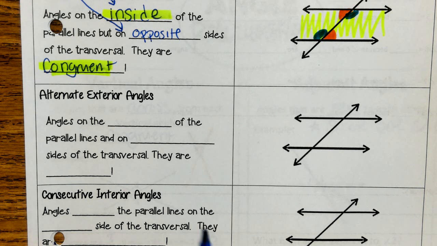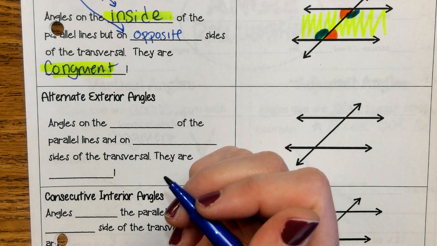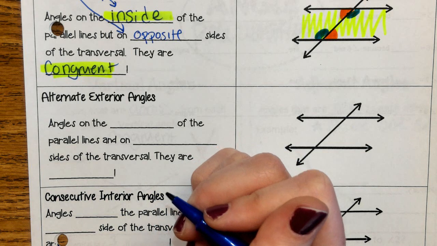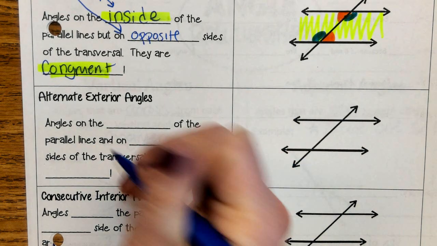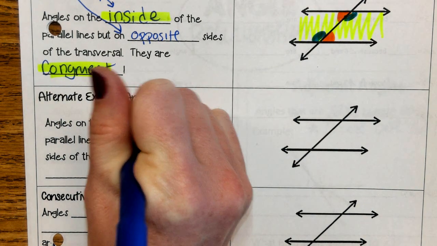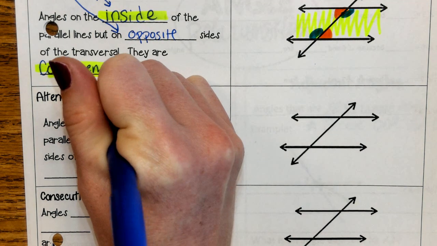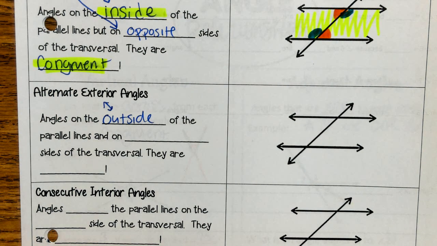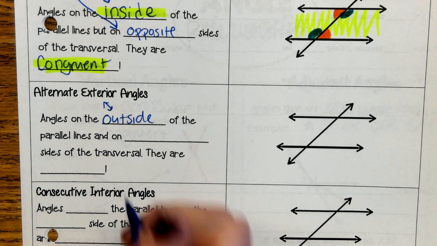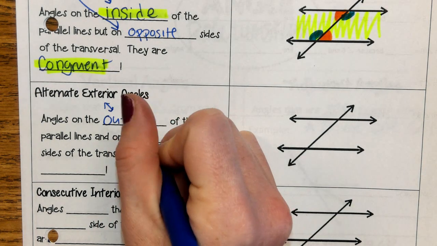Alternate exterior is very similar, boys. But alternate exterior are angles on the outside. Exterior means outside. So angles on the outside of the parallel lines and on opposite sides of the transversal.